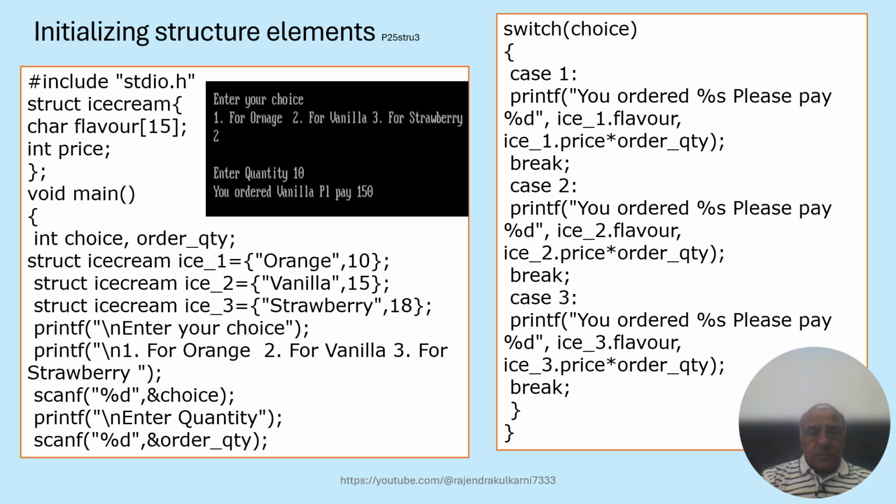So in this program, we have declared a structure, declared the structure variables, assigned values to the structure variables ice1, ice2, ice3, and used those variables for our further requirement of the program.